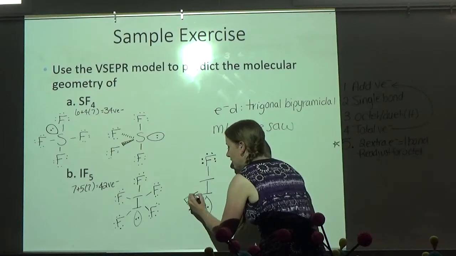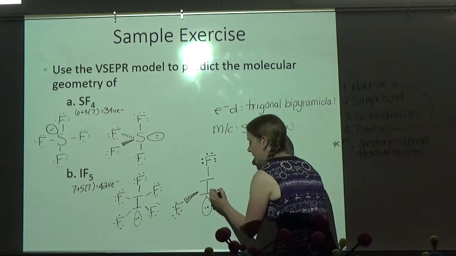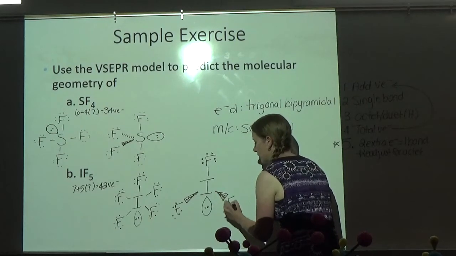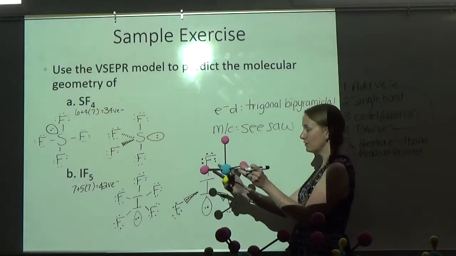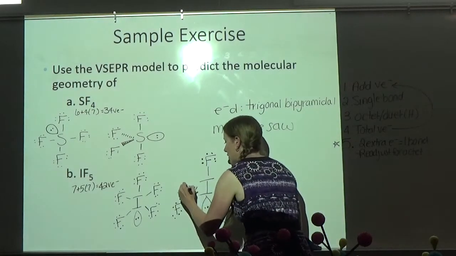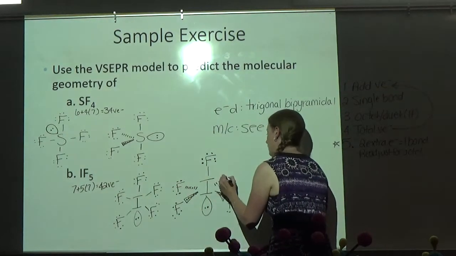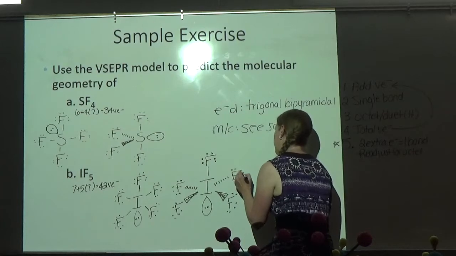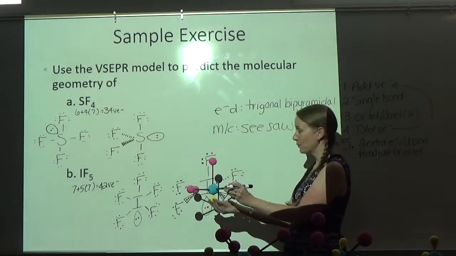So I'm going to do an F over here pointing towards y'all, and an F over here pointing towards y'all. And then I also have 2 F's pointing back towards the board. So remember, to do that, I just do my dashed line bond, and I do one on this side. And so if you look, there is my 3D shape right there.